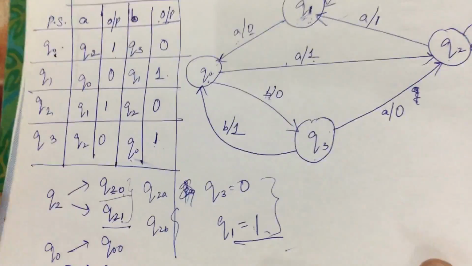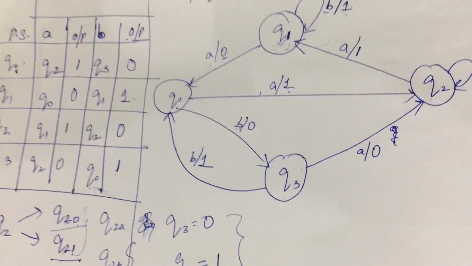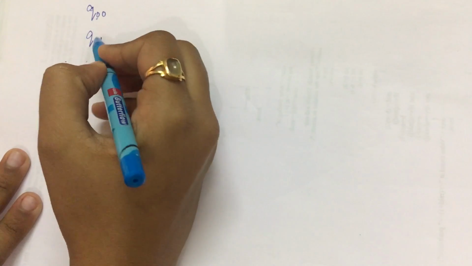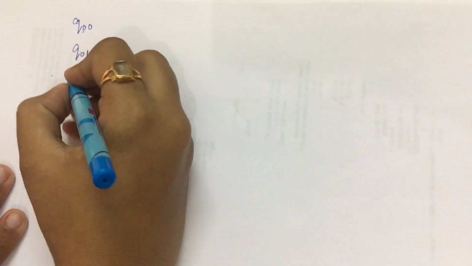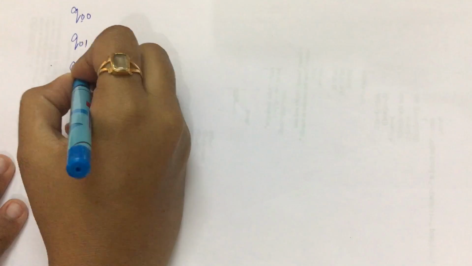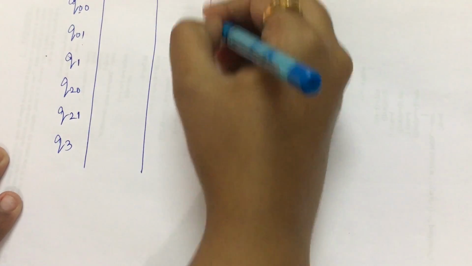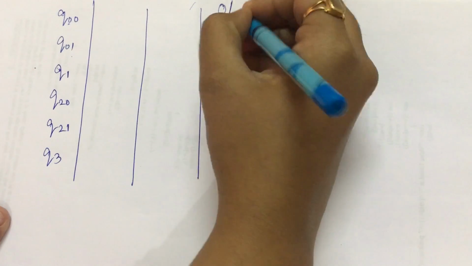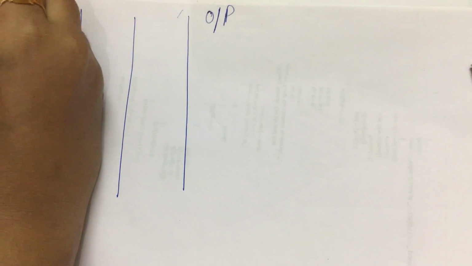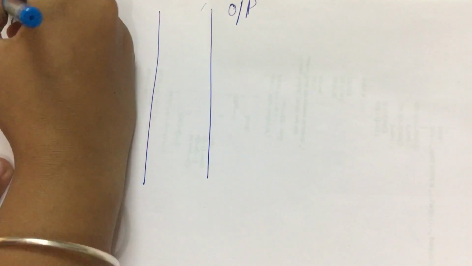So my new transition table will have the states Q00 and Q01, because Q0 is giving me two different outputs, 0 and 1, and then Q1, Q20, Q21, and Q3. The first thing we are going to do here, obviously, is have a single output for all the states because it is a corresponding Moore machine, Mealy to Moore.